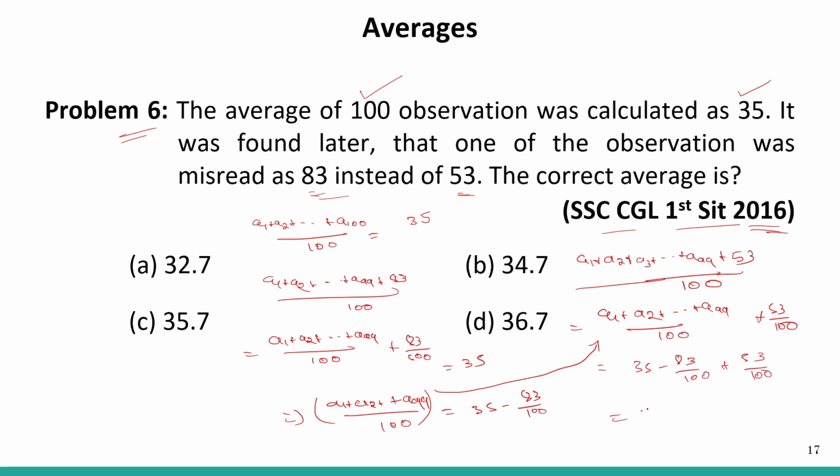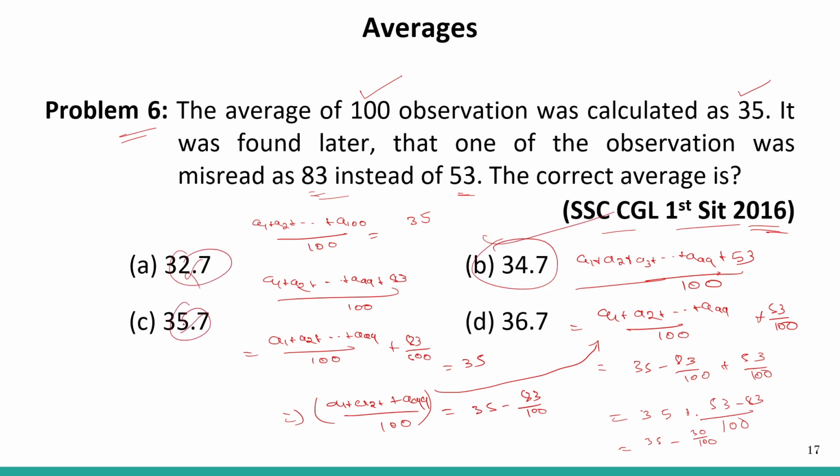So this will be equal to 35 minus 30 by 100. So it will be 34.7. So 34.7 is the correct answer.